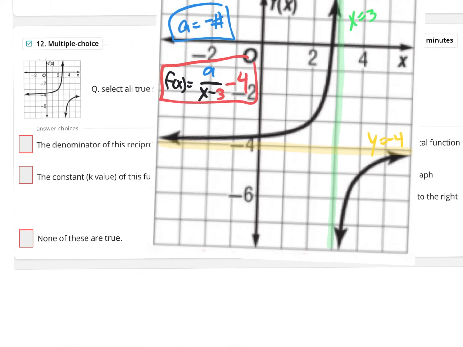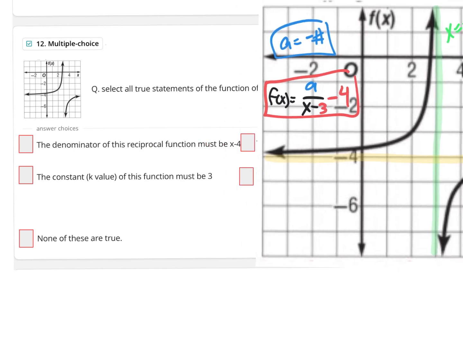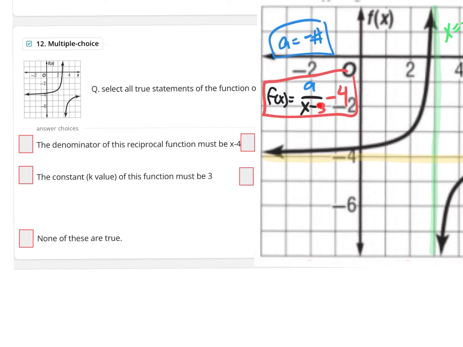But let's go back to the true or false statements. It says that the denominator of this reciprocal function must be x minus 4. Obviously that's incorrect. The denominator is x minus 3. So for sure, don't pick that one. The next one says the constant, the k value of this function must be 3. Is the k value 3? No, it's -4, right?